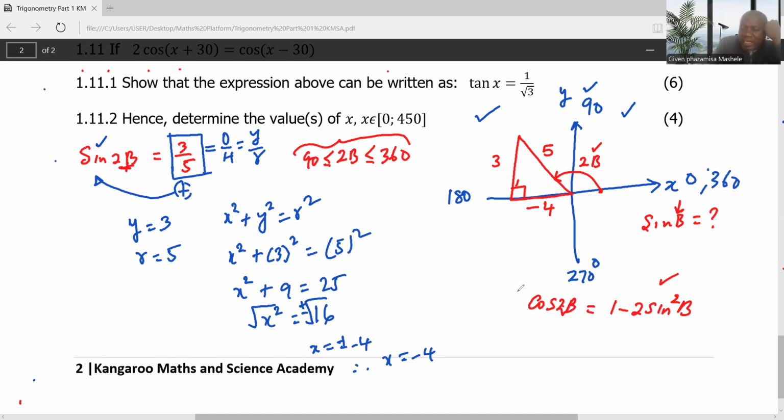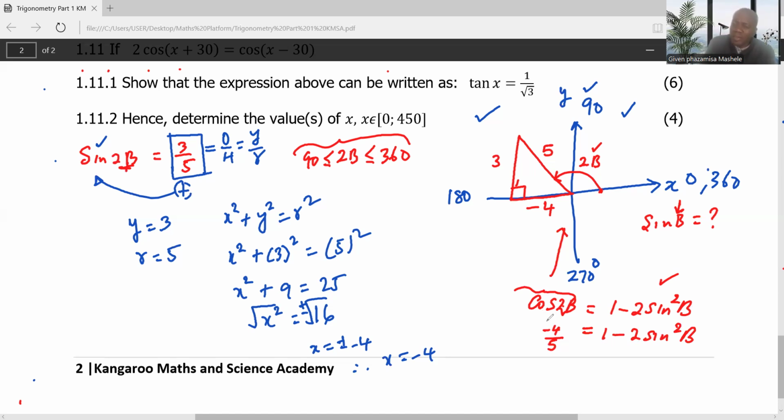But this one, I can get it, because this Cartesian plane uses 2 beta. And what is cos in terms of 2 beta? Cos is adjacent over hypotenuse, which is minus 4 over 5. We know this because this is talking about 2 beta. 1 minus 2 sine squared beta. Now I have to determine sine beta.